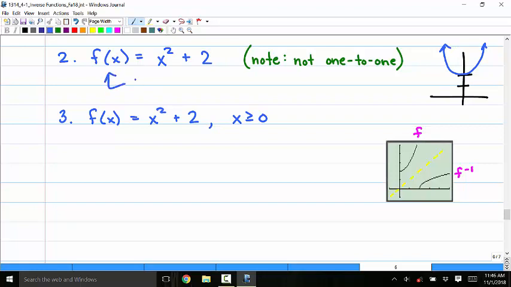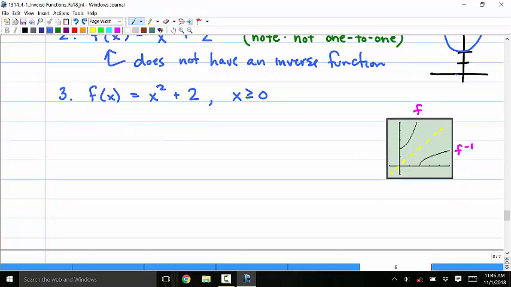So this one does not have an inverse. However, if you chop that piece off, would it be one-to-one? Yes. So let's go do that.